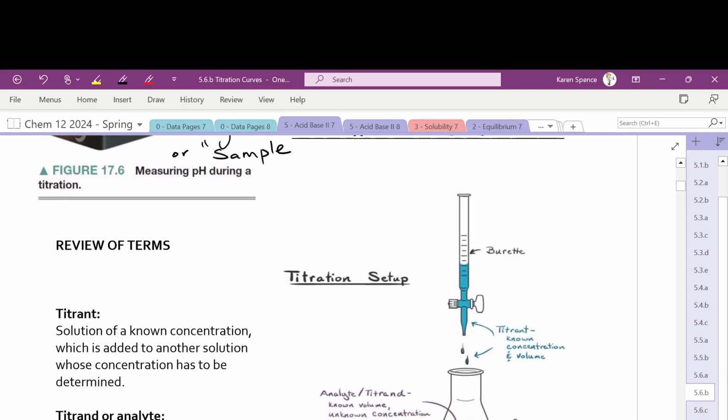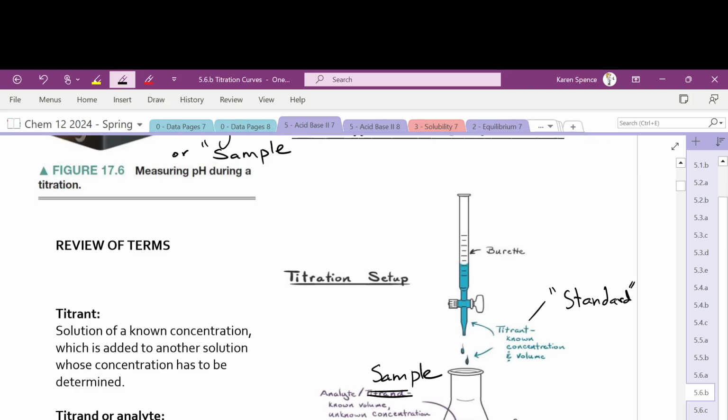Okay, so here we have our burette, we have the titrant, which is also known as the standard. I'm going to get rid of this word titrant because it's just confusing. We'll put sample there instead. Okay.